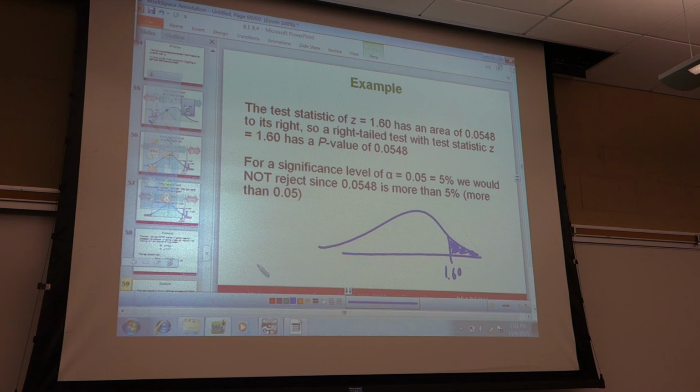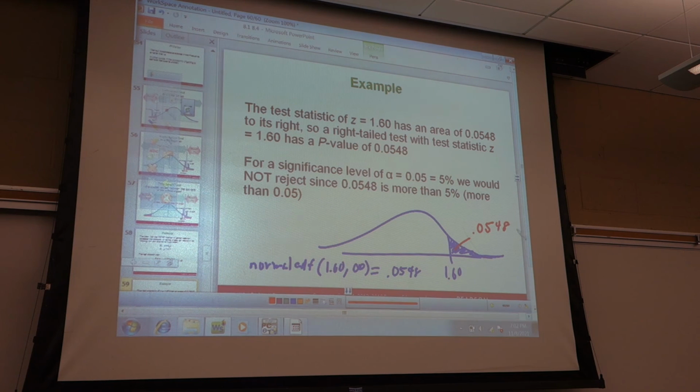I would do normal CDF of what? Anyone ever remember this? I want 1.60, comma, infinity. Yeah, sure, that's close enough. And I would get 0.0548. Everybody on board with that part?